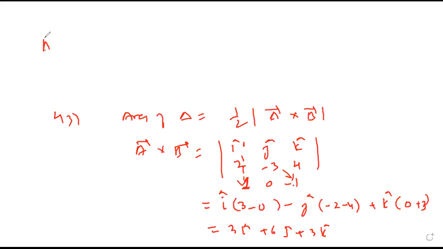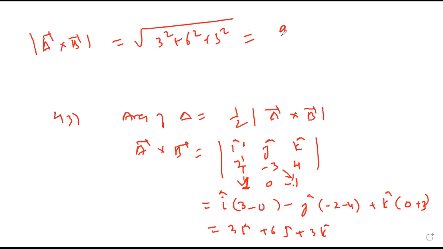So the magnitude of A bar cross B bar will be root of 3 square plus 6 square plus 3 square. That is 9, 36, 9. 9 and 9 is 18, 18 and 36 will become 54. Root of 54.